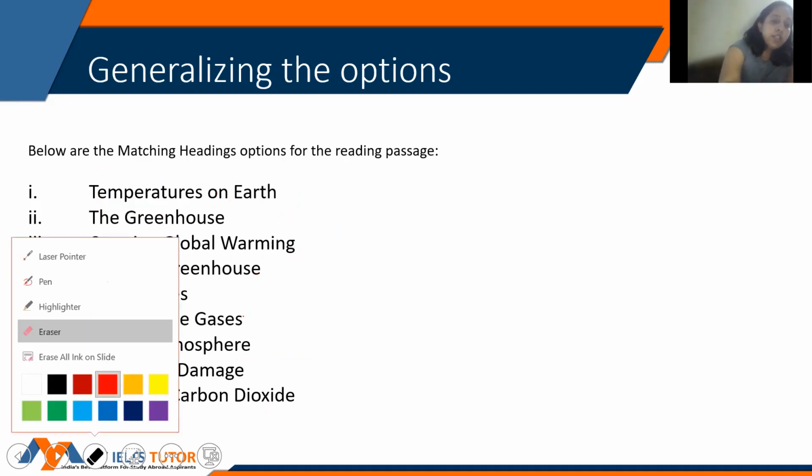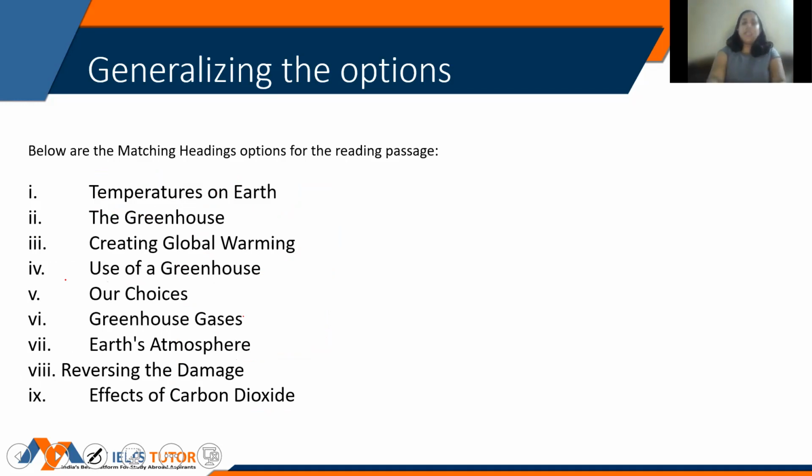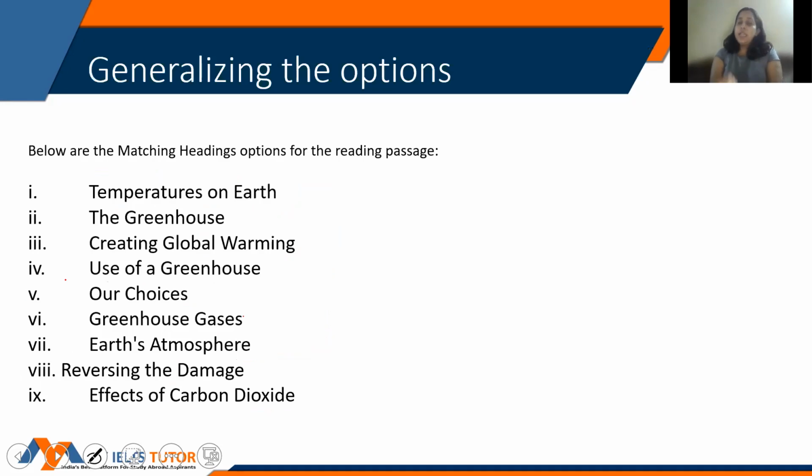Now students, what they do, they basically match the words. It is not important. There are some paragraphs where you might match all the words. For example, creating global warming. So maybe in one paragraph, you might get both the words, creating global warming, as it is, but it is not important that it is your answer.